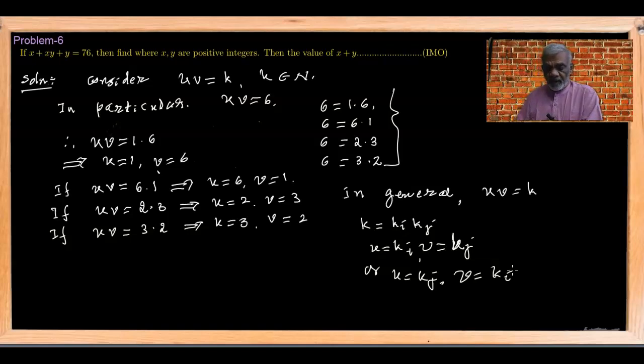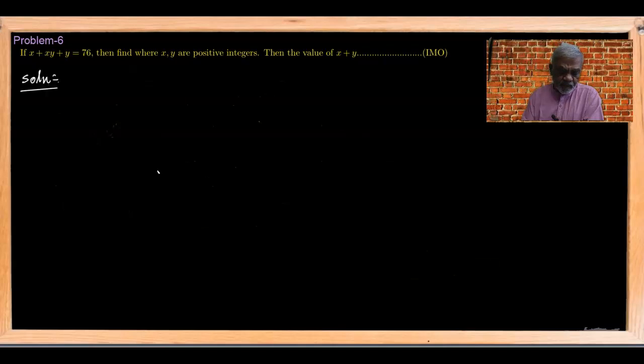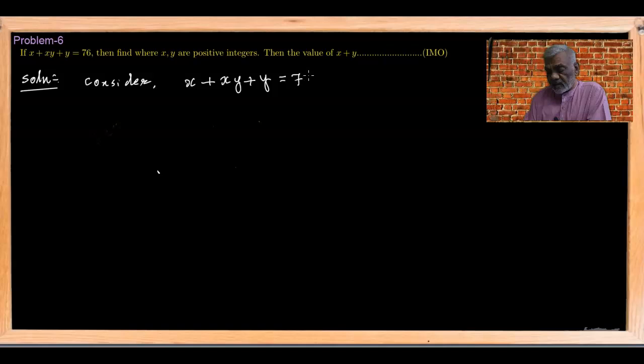Applying this idea to solve the present problem, let us see the solution for this present problem. Consider x plus xy plus y equal to 76.